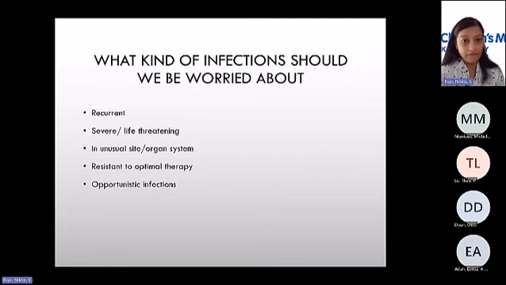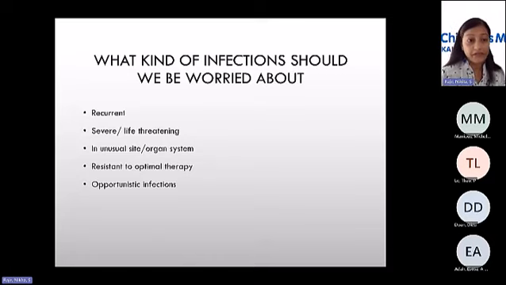So what kind of infections should we be worried about? Clearly, recurrent infections are something we should be worried about if they are frequent, and for each type of infection, the recurrence may have a different meaning. So maybe 3 to 4 ear infections in a year, or more than 2 serious infections in 1 year could mean recurrent.